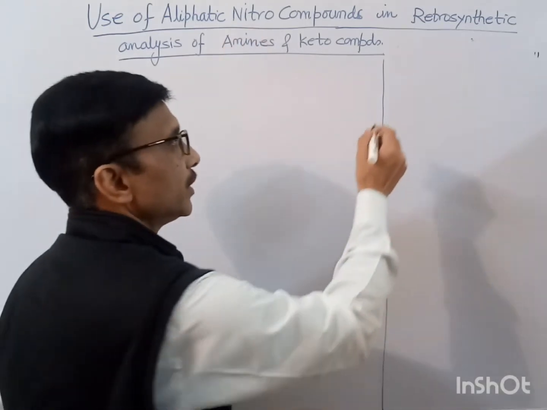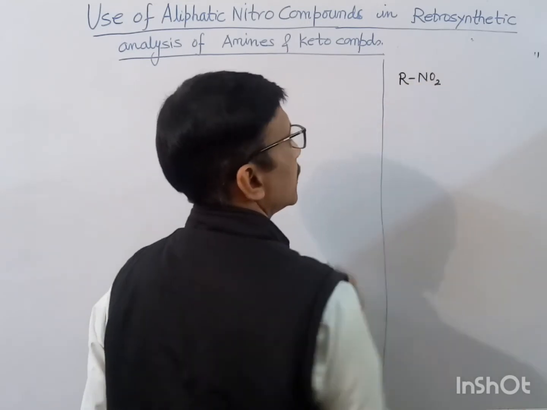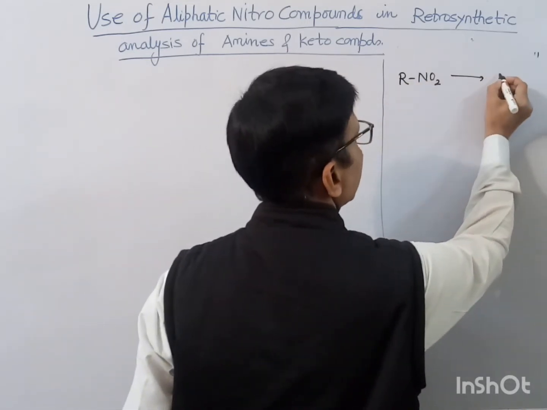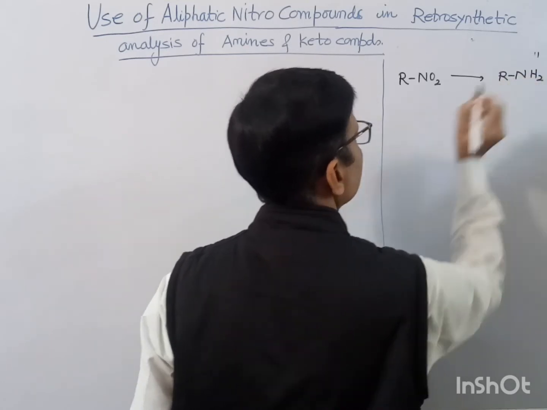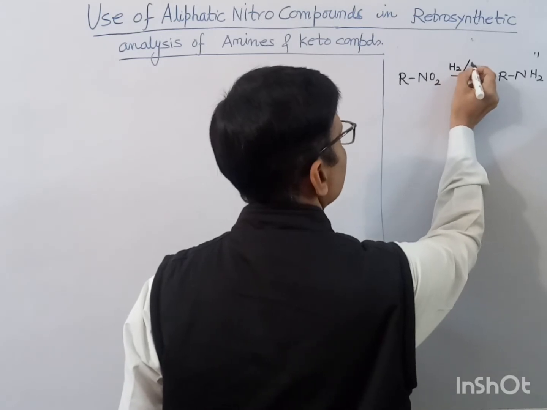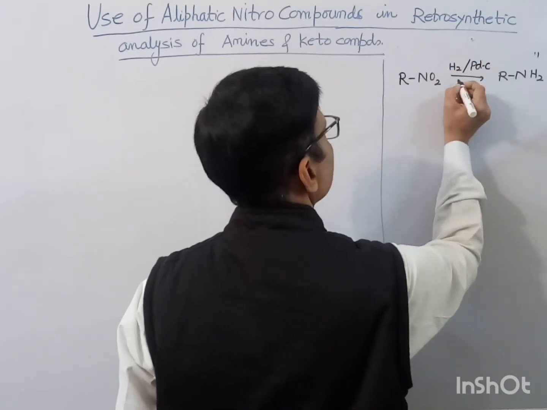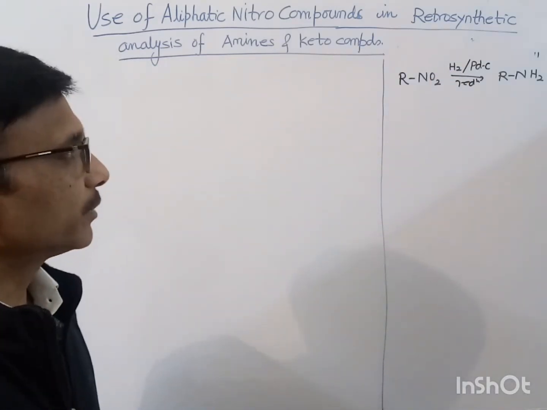For example, if we have RNO2, then it can be reduced into an amine. This reduction can be done in the presence of lithium aluminum hydride.